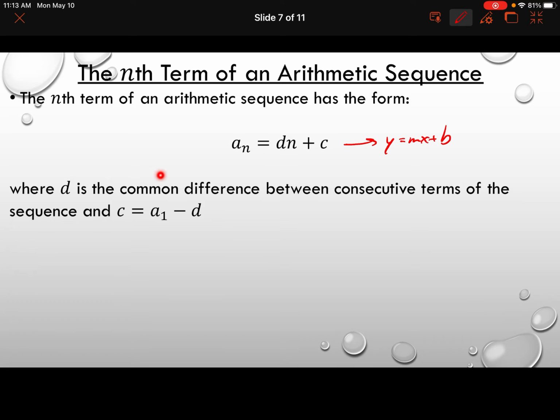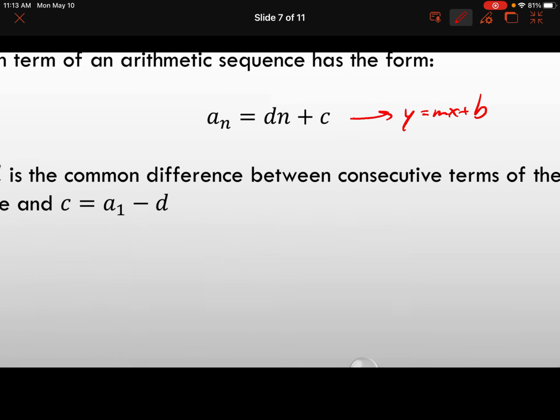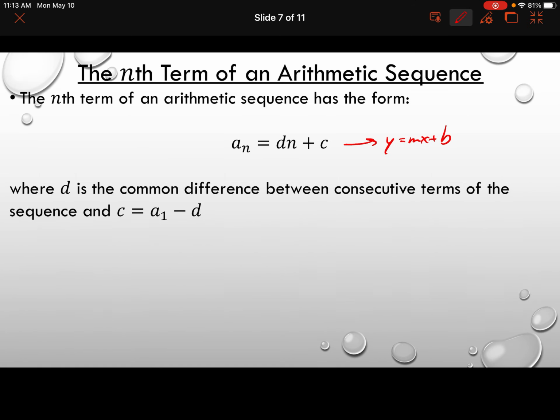So really quickly, and we touched upon this earlier, d is the common difference. Whatever your common difference is, whether it's plus 4, minus 5, plus 1/4, that is going to be your d value, or your slope, going back to Algebra 1. And then the c value, like I told you, is the term before the first term. Another way to think of the c value is the zero term.